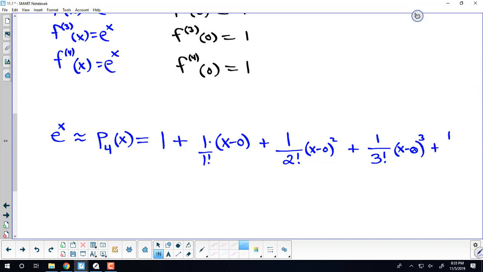And then the next coefficient was 1 from the fourth derivative, so over 4 factorial times x minus 0 to the fourth. And so we'll clean that up a little bit.